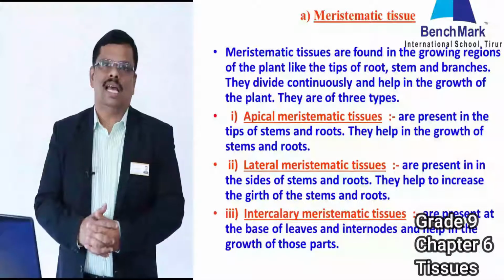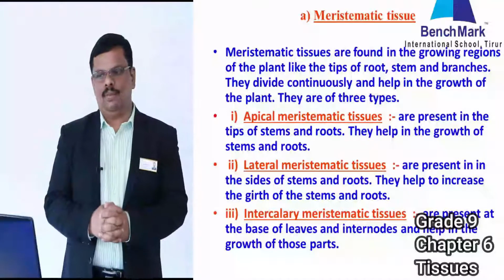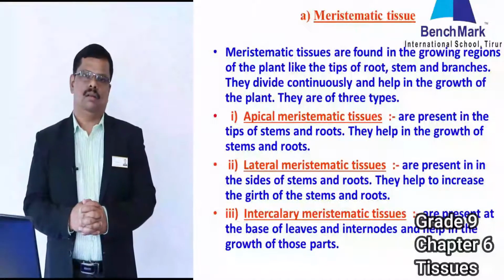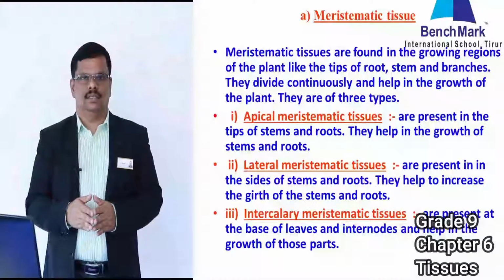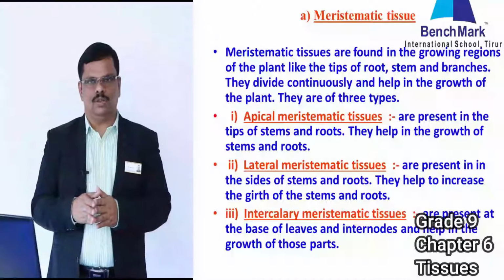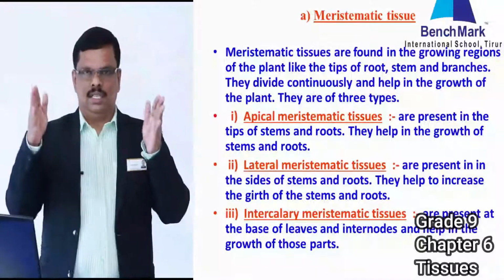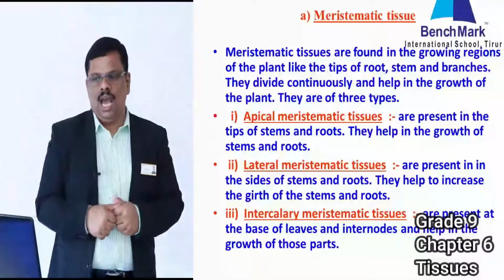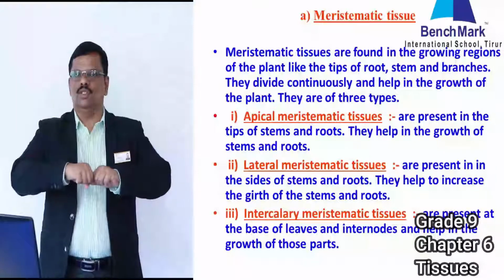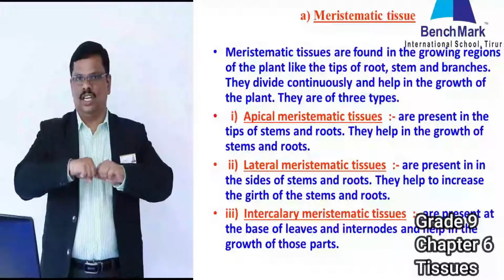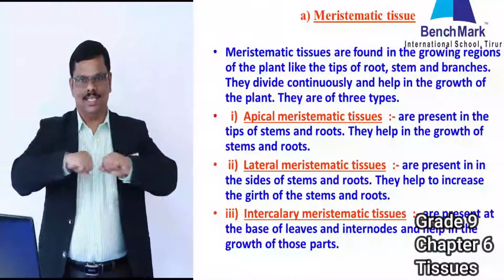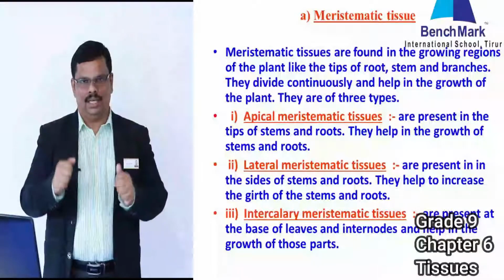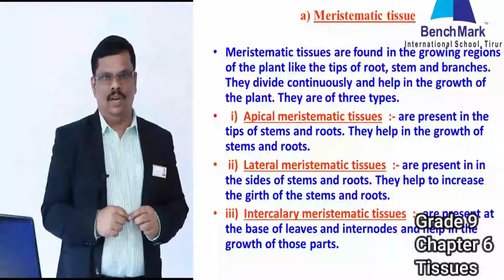Then lateral meristem. Lateral meristems, from the name itself it is indicated, are present on the sides of the stem as well as root. And this helps to increase what? What is my gesture telling you? Increase the girth. Yes, girth, width. So that is called lateral meristem.